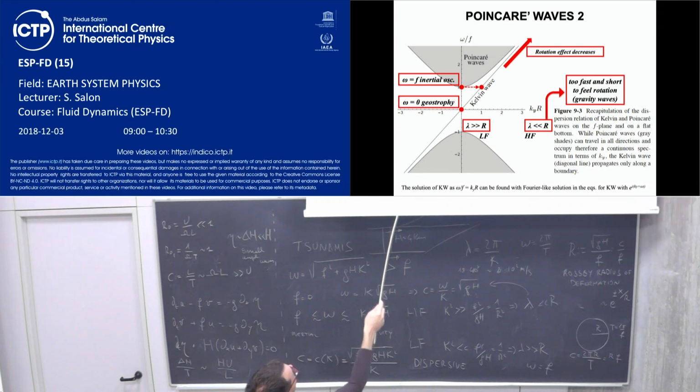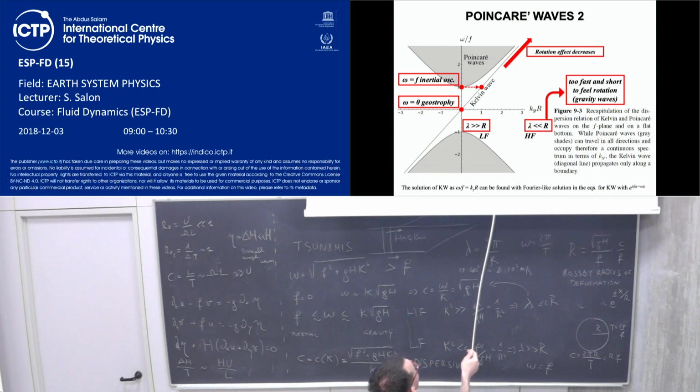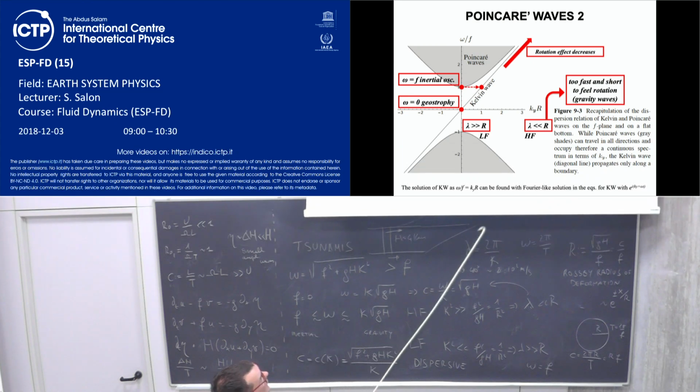That's why Poincare waves start to be present with omega larger than f. When k is very small, we are at low frequency, so wavelength much larger than the Rossby radius. When k is very large, we are considering very small waves, which are too fast and too short to feel rotation, and so they behave like gravity waves.